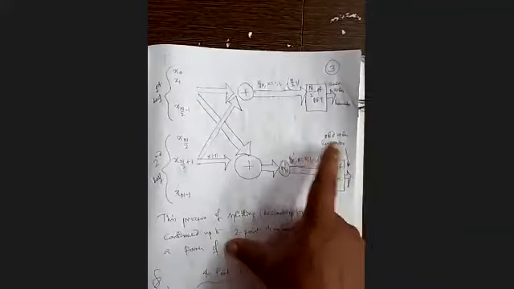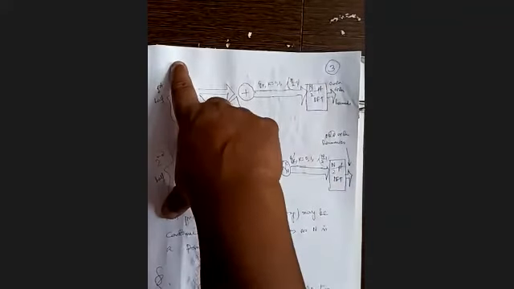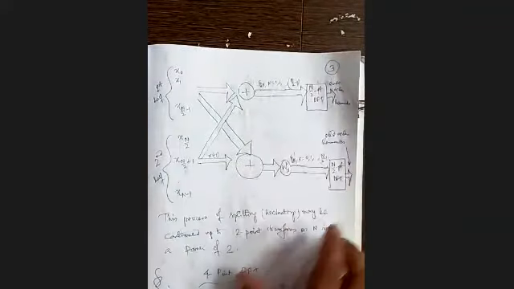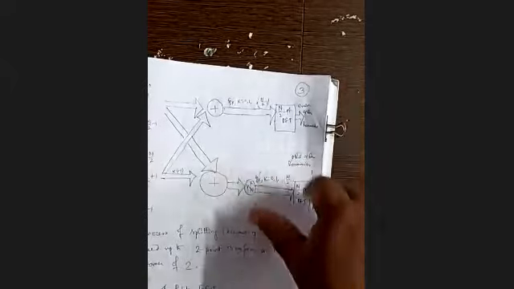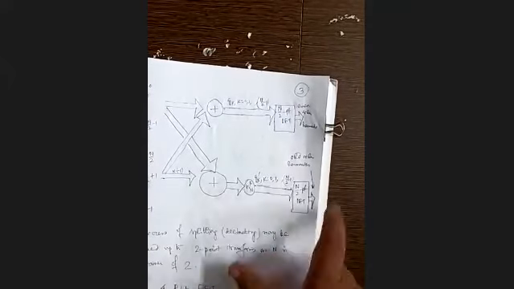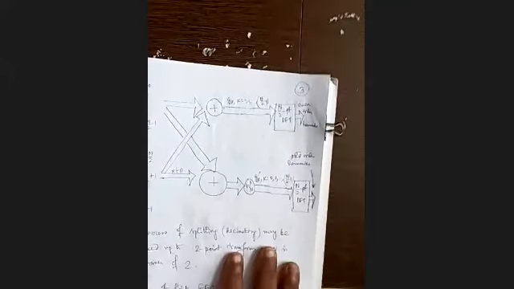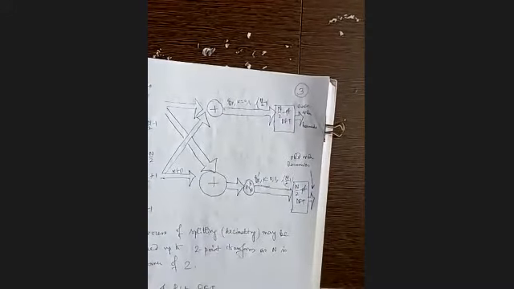Then we are getting another n by 2 point DFT. So from n point samples, you are getting 2 n by 2 point DFTs. Similarly, from these n by 2 point samples, you will construct 2 n by 4 point DFTs here and another 2 n by 4 point DFTs here. So the same thing will be repeated here and here, a recursive structure. It will go on this way.